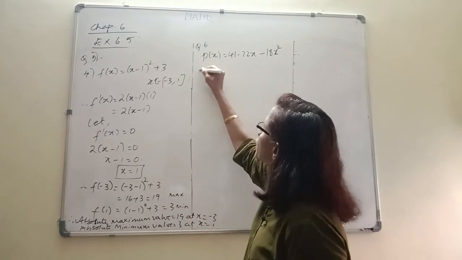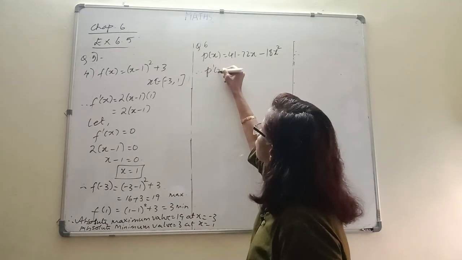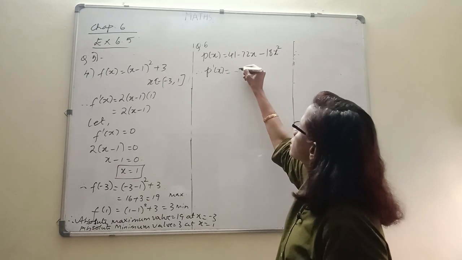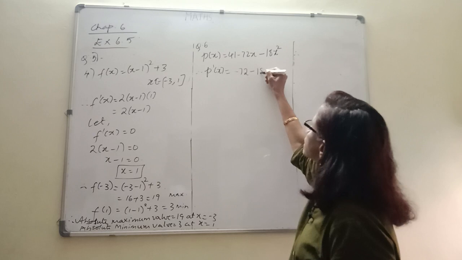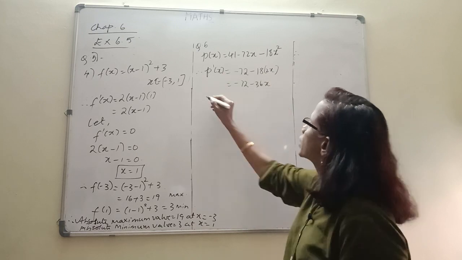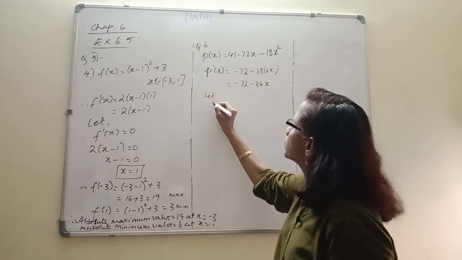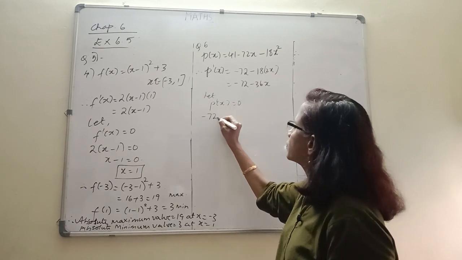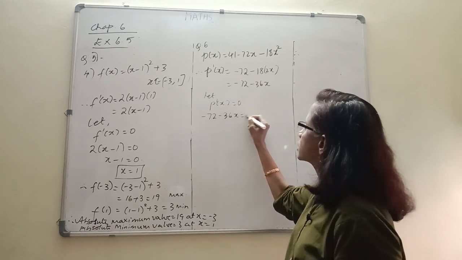So as usual, let's find the first derivative. The first derivative is going to be 41, of course, doesn't have a derivative. This is -72, minus 18 times the derivative of x squared, which is 2x. So it's minus 72 minus 36x. To get the critical point, we make p dash x equal to 0, which is -72 minus 36x becoming 0.